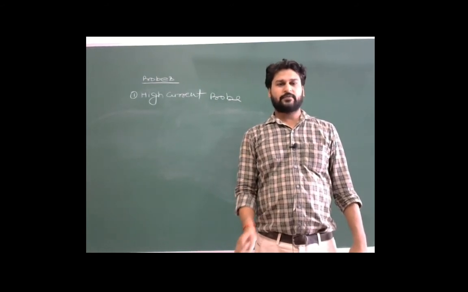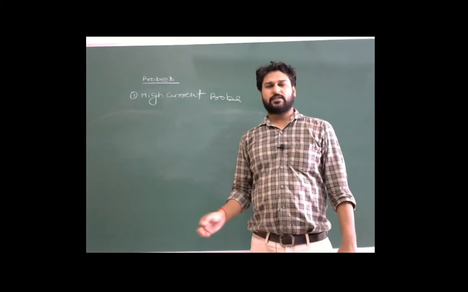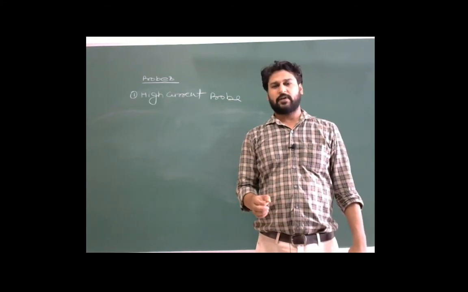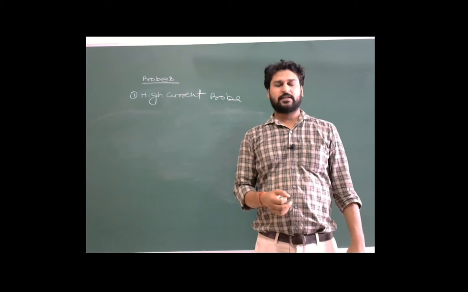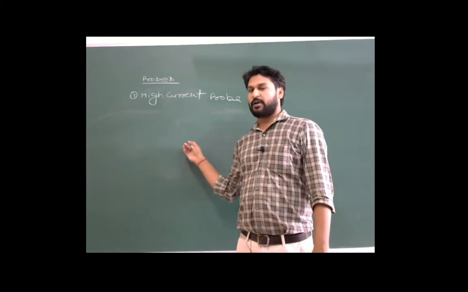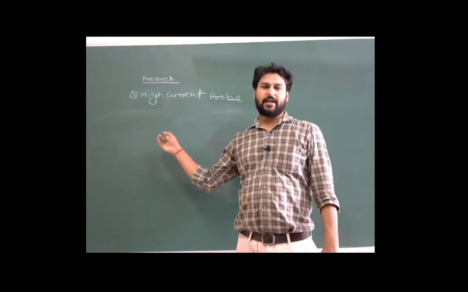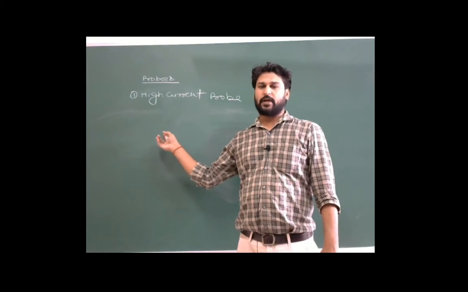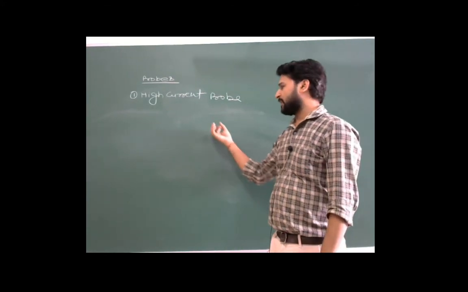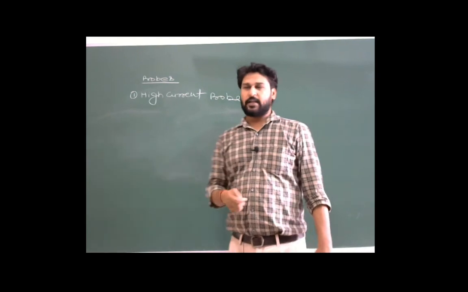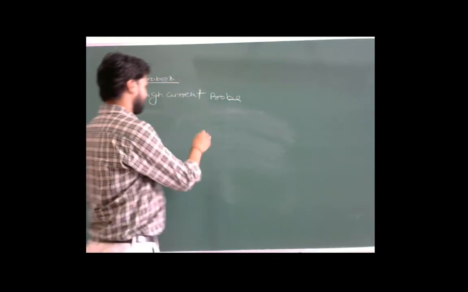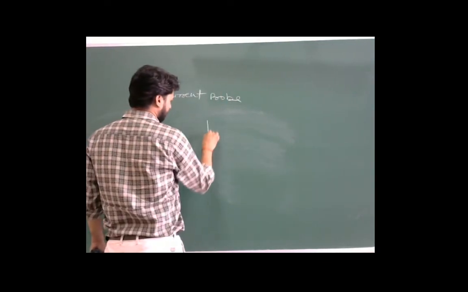The current which has to be measured is passed through the core of the transformer. This wire works as the primary winding of the transformer, and the secondary winding is fed to the ammeter circuit. Suppose this is the core of the transformer.